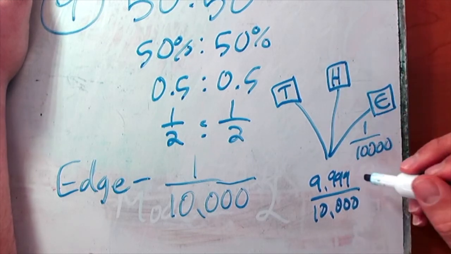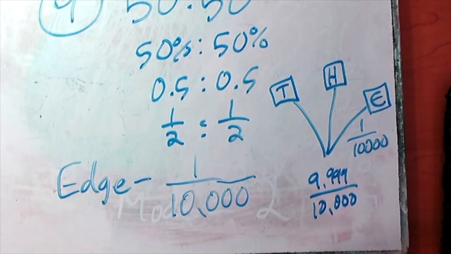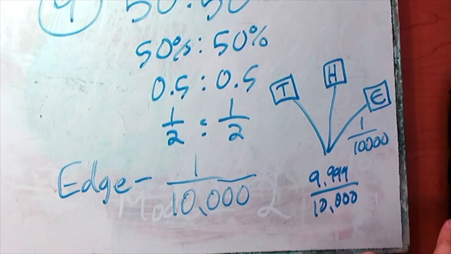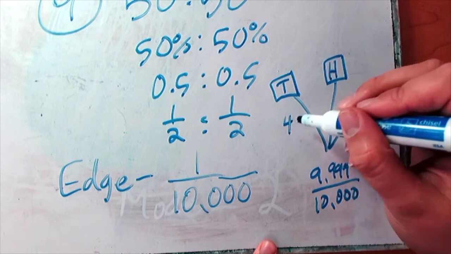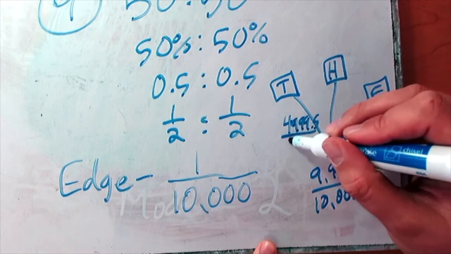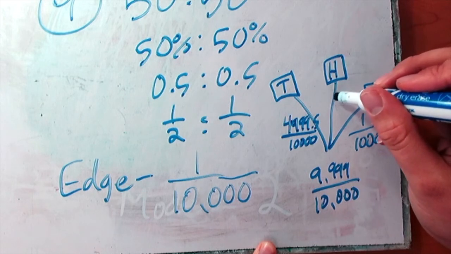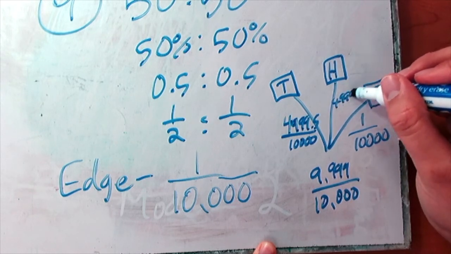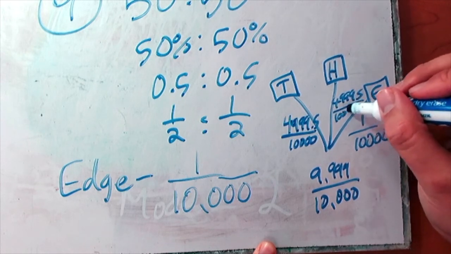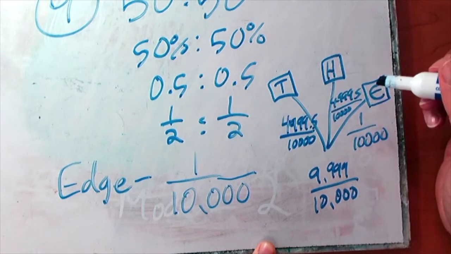And so if I actually divide that in half, and I'm just going to do that on my calculator here. So I do 9,999 divided by 2. Then I've got a 4,999.5 out of 10,000 chance of this, and a 4,999.5 out of 10,000 option of having heads or of tails.